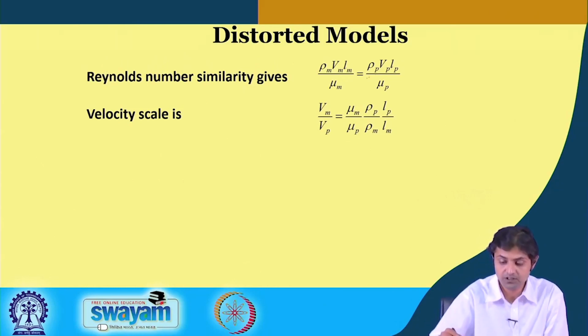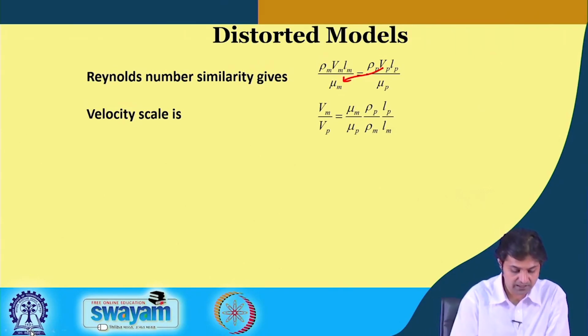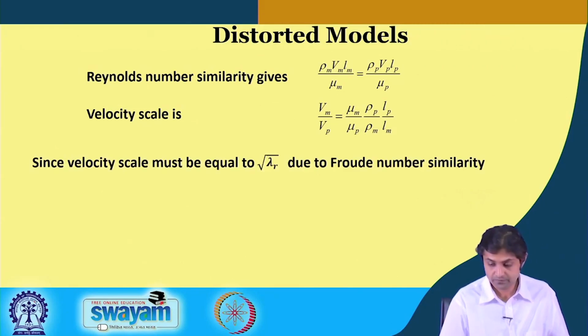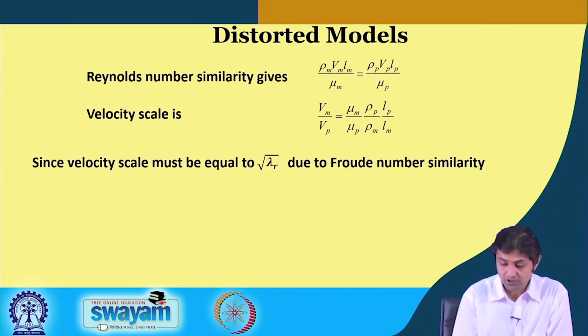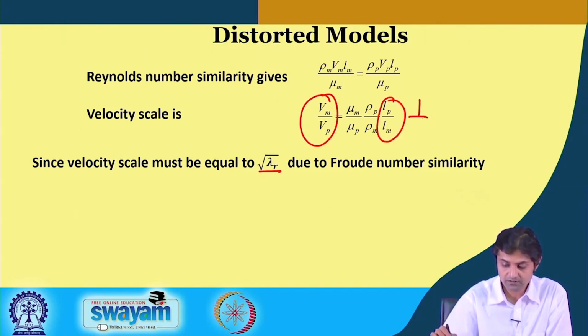So, we bring Vp down here and take other terms that side. Since velocity scale must be equal to lambda r to the power half, we equate this to it.